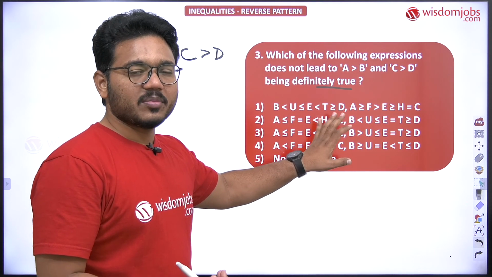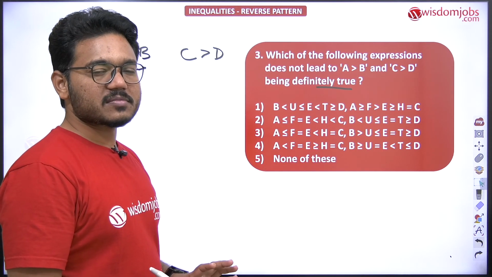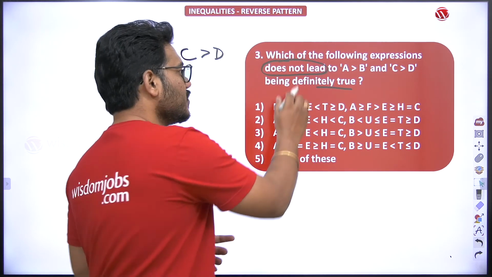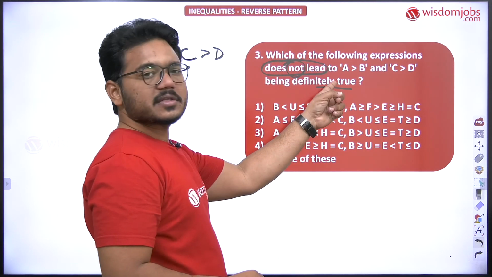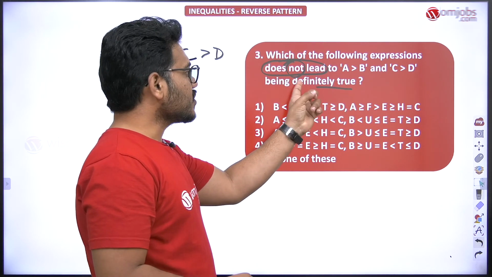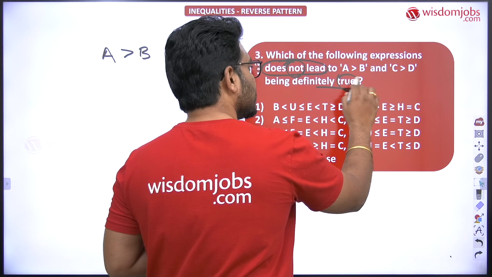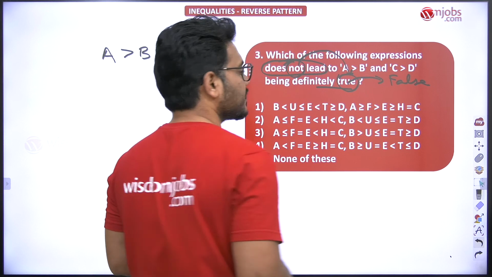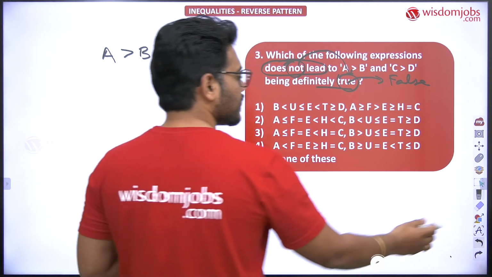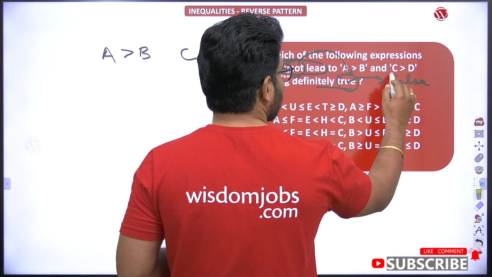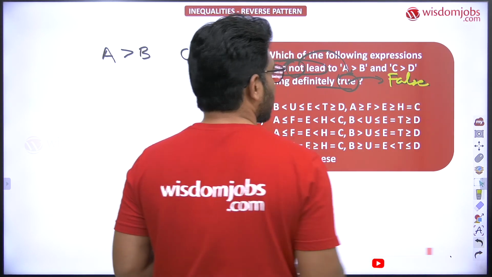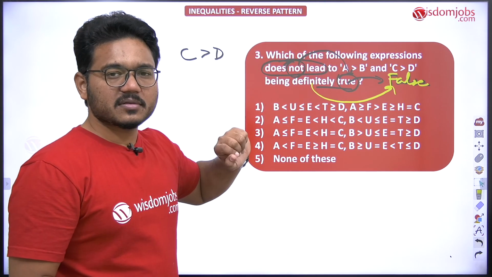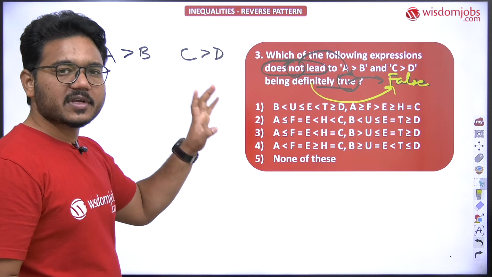But if you overlook that this one does not lead to this, meaning it is negating whatever is given, then definitely true in the sense, because of this not word, the question becomes definitely false. So this is the meaning of this question: these two statements have to be definitely false.